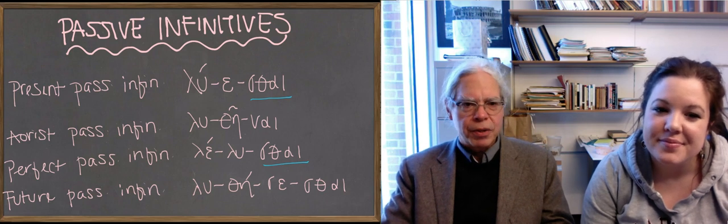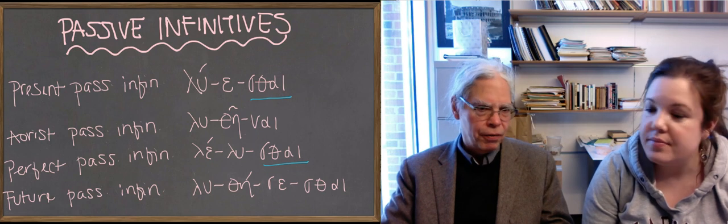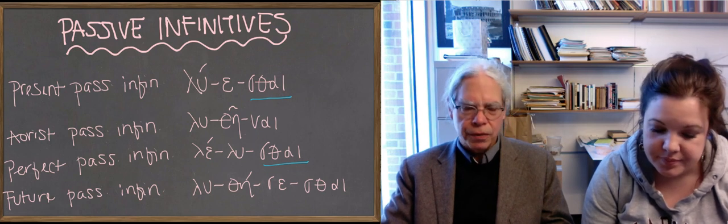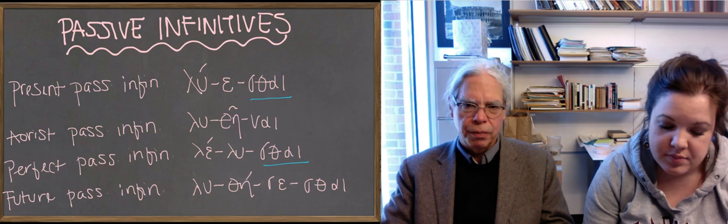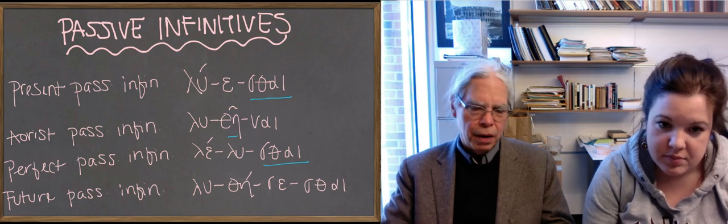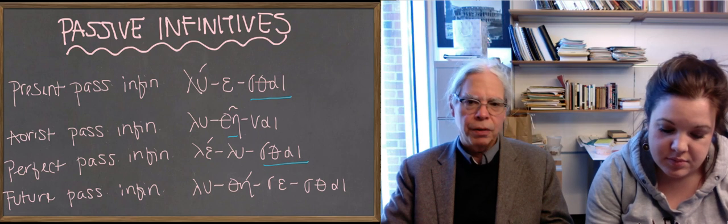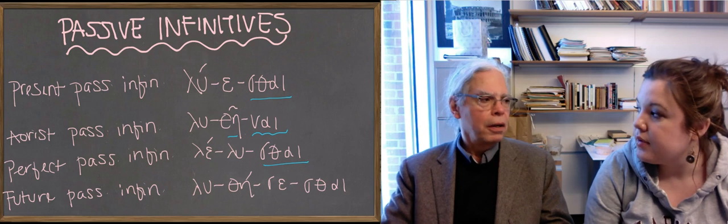So the aorist passive infinitive, remember we said the aorist passive has active endings. So you get the stem lu, the theta eta, which is the part of the thing that makes the verb passive, and that you see from the last principal part, eluthen. And then you add the nai ending, which you've seen before in perfect active infinitives, like lelukenai, and so forth.